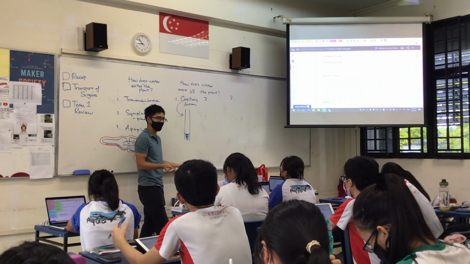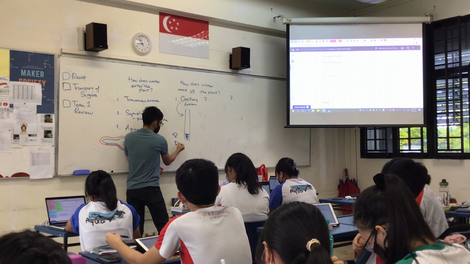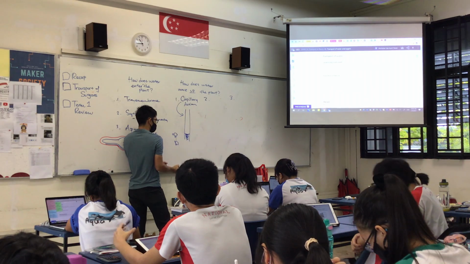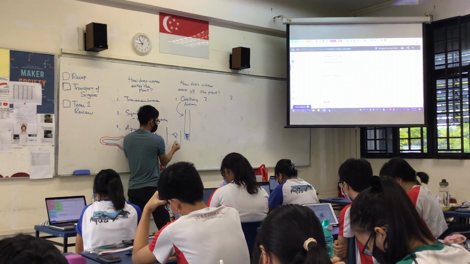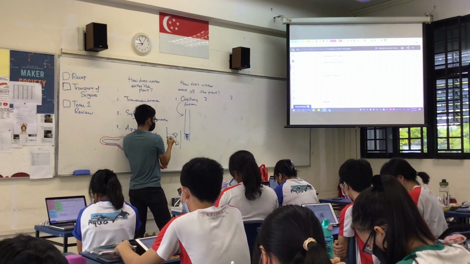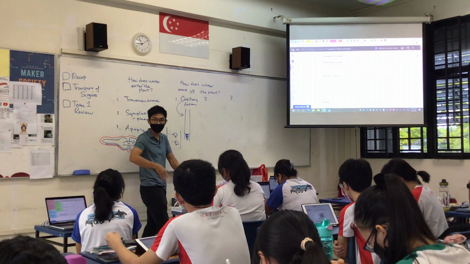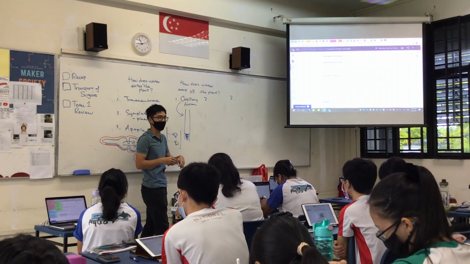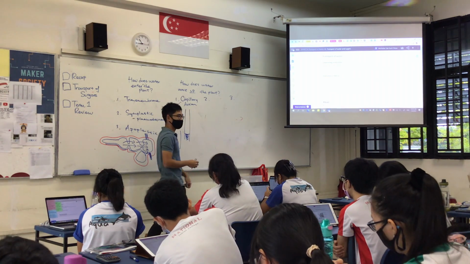If they are attracted to each other, that's cohesion. If they are attracted to the walls of the tube, there's adhesion. These two things can help water climb up the tube. We call that capillary action.